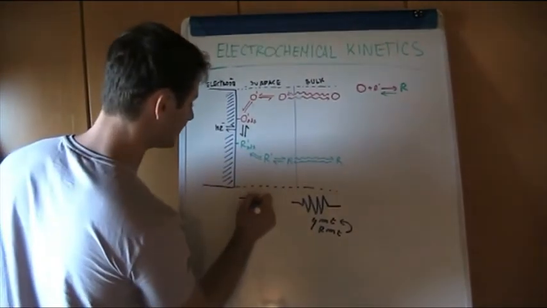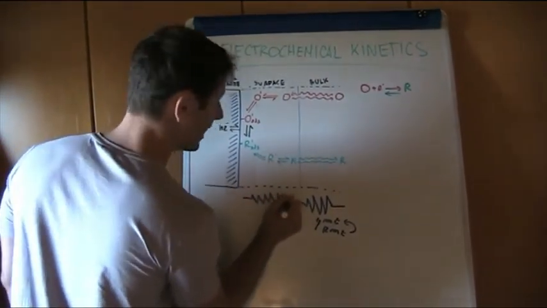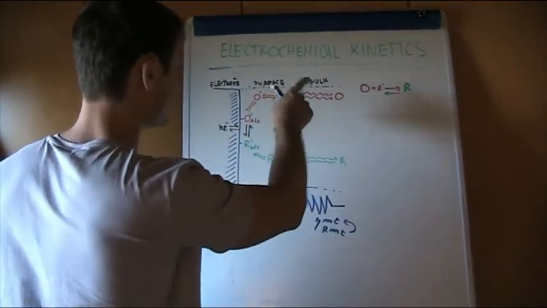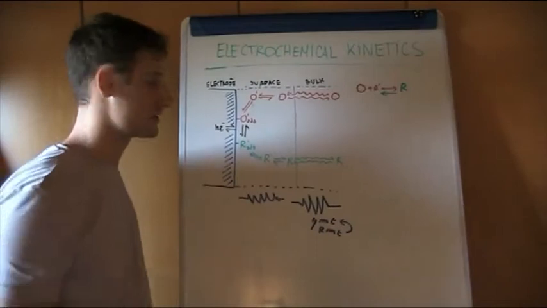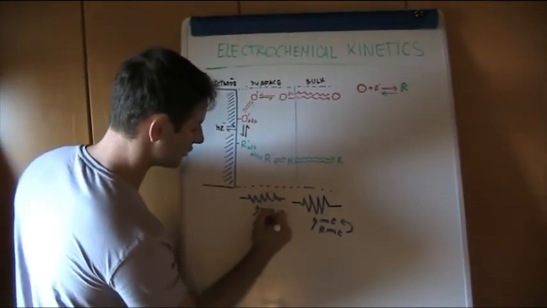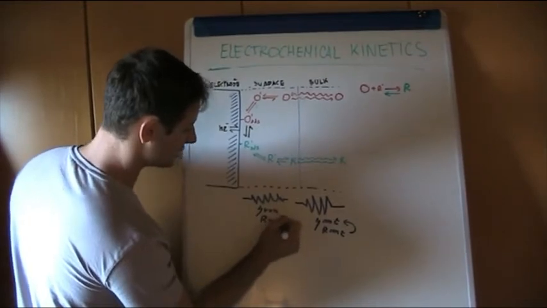We can have a resistance due to the diffusion of our reagent in the bulk, on the surface, and in each single process involved here. For instance, a resistance and a connected overpotential due to a reaction.